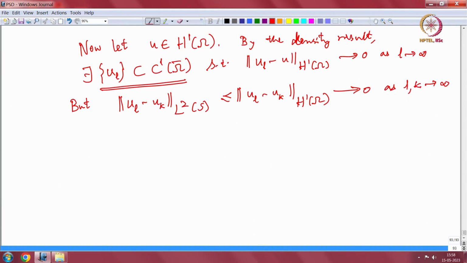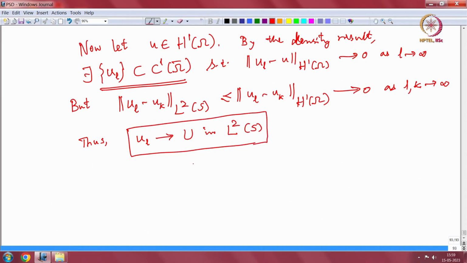Therefore, UL converges to some function, let me call it U, in L2 of S. That gives us the existence of this function U. So we call U the trace of u.